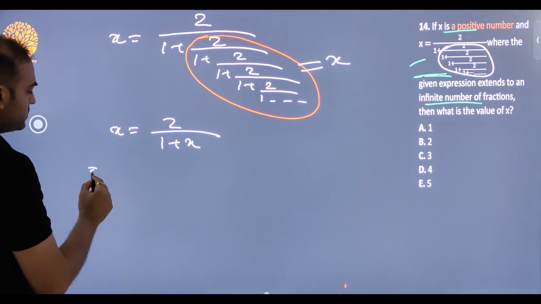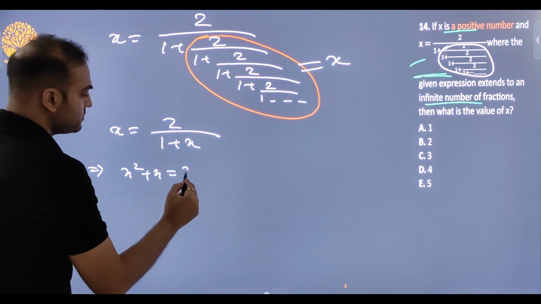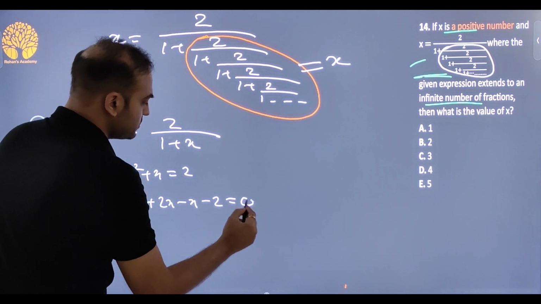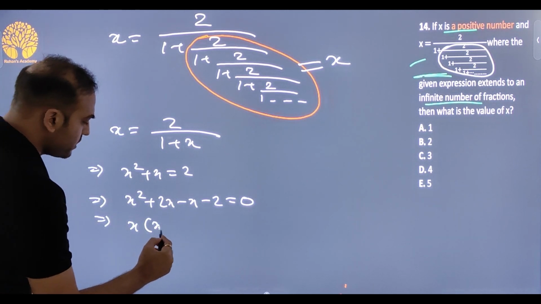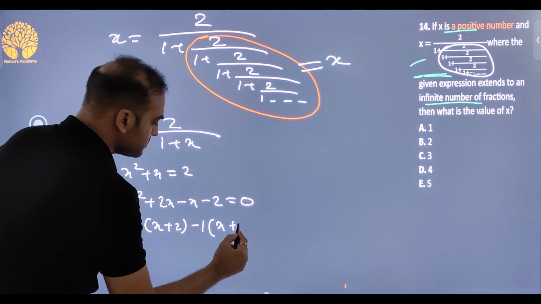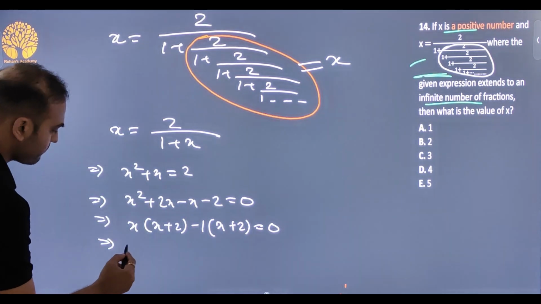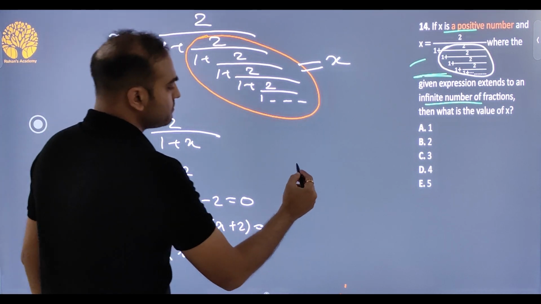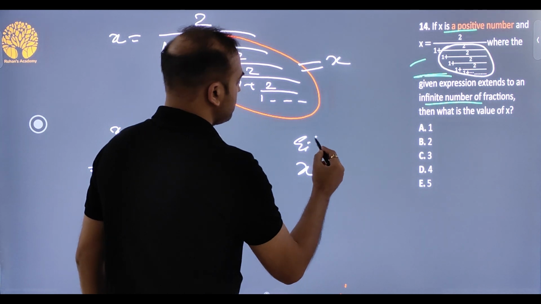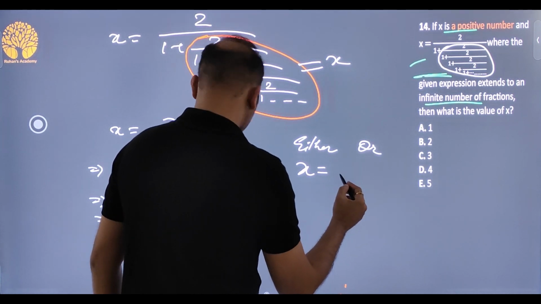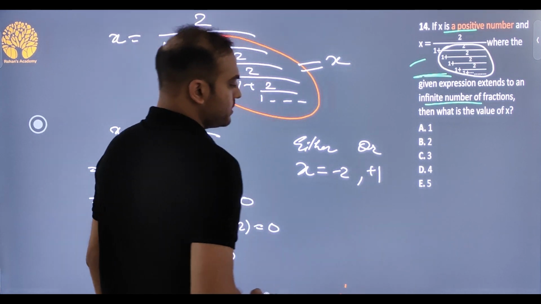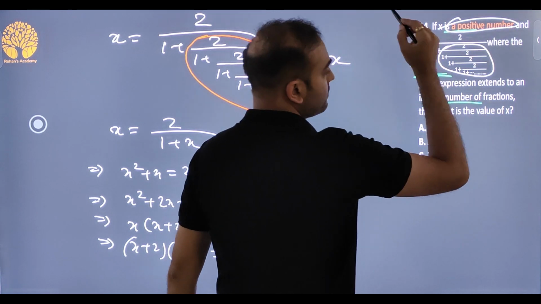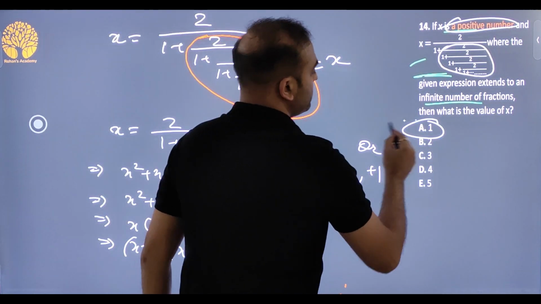Now solve this. x square plus x is 2, that's a quadratic. x square plus 2x minus x minus 2 is 0. x common, x plus 2, minus 1 common, x plus 2 is 0. x plus 2, x minus 1 is 0. x is either minus 2 or plus 1. Since we know it's a positive number, that is why reading the question is important, x has to be 1.